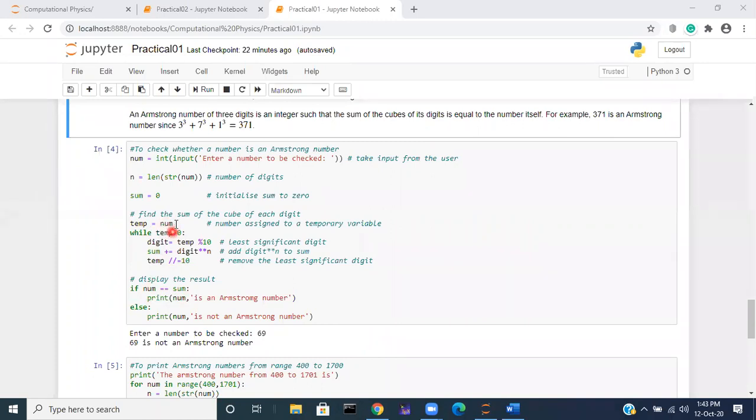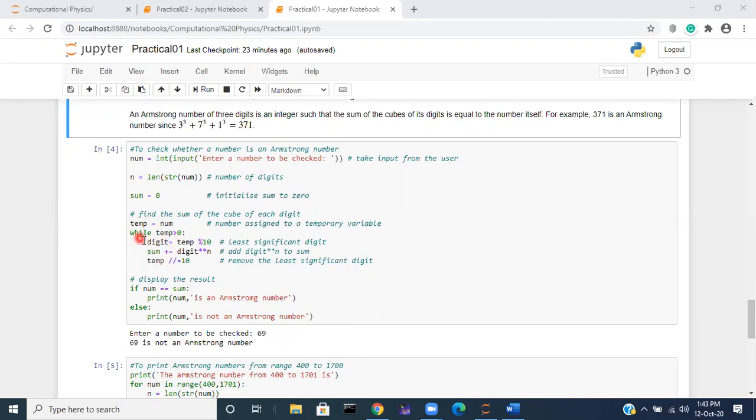So what do we do? We assign the number to a new variable temp, a temporary variable, so that only temp changes and num stays the same.